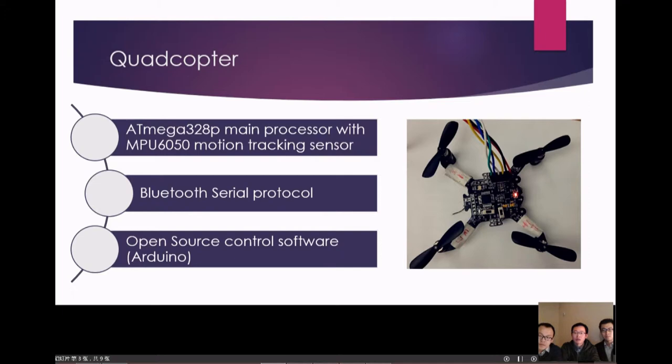The control chip of this quadcopter, we use ATmega328P, which lets us use Arduino as the development environment, and the motion tracking sensor is MPU 6050.